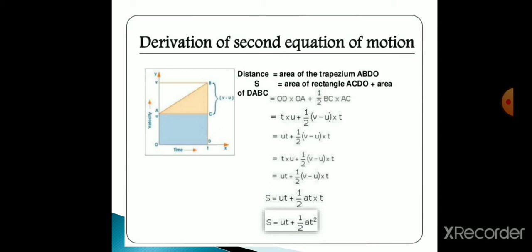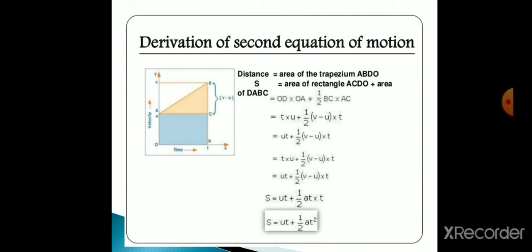And area of triangle ABC is equivalent to half BC into AC, which is half base into altitude. OD is marked as time t and OA is u. BC is equivalent to v minus u and AC is equivalent to t.